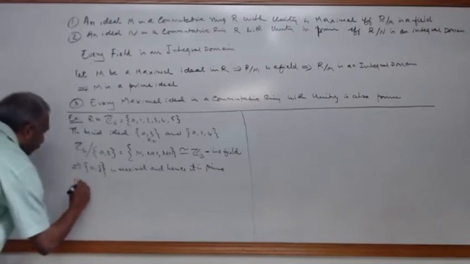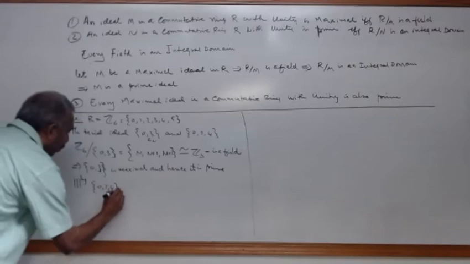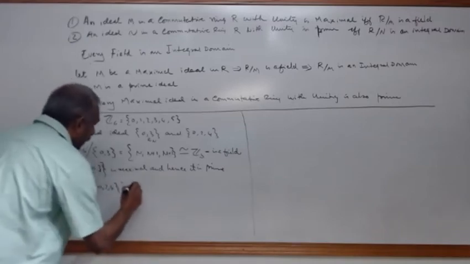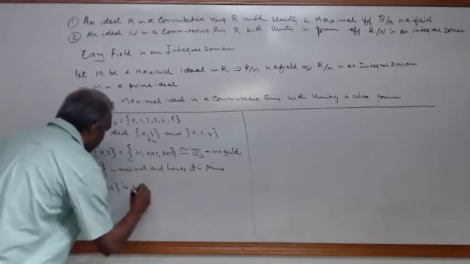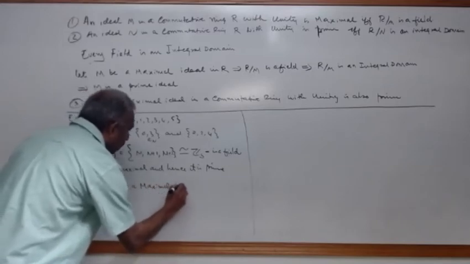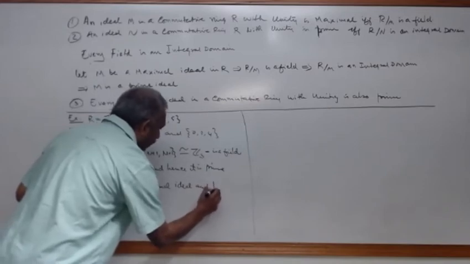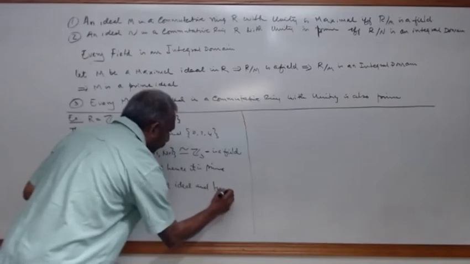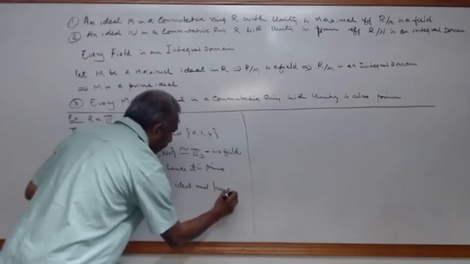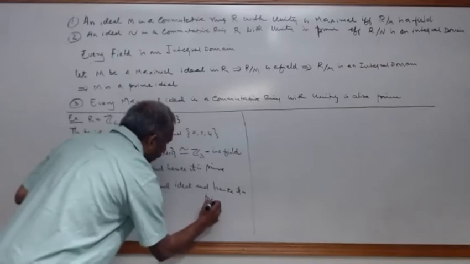Similarly, {0, 2, 4} is a maximal ideal, and hence it is prime.